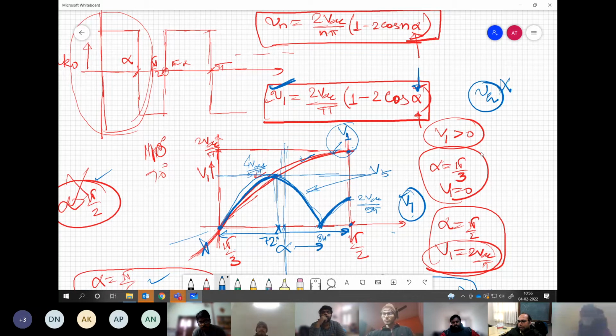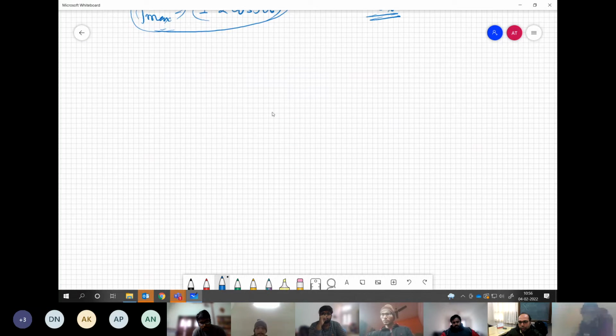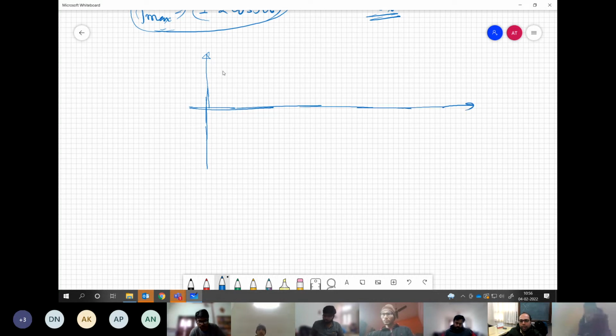So what we need is a little more freedom in our voltage equation so that we can at least control some harmonics, not everything, at least some harmonics. You understand my point? So what I do basically, instead of having one switching angle in one quarter, I will introduce, for simplicity, the bare minimum thing we can do: one more switching angle in the quarter cycle.